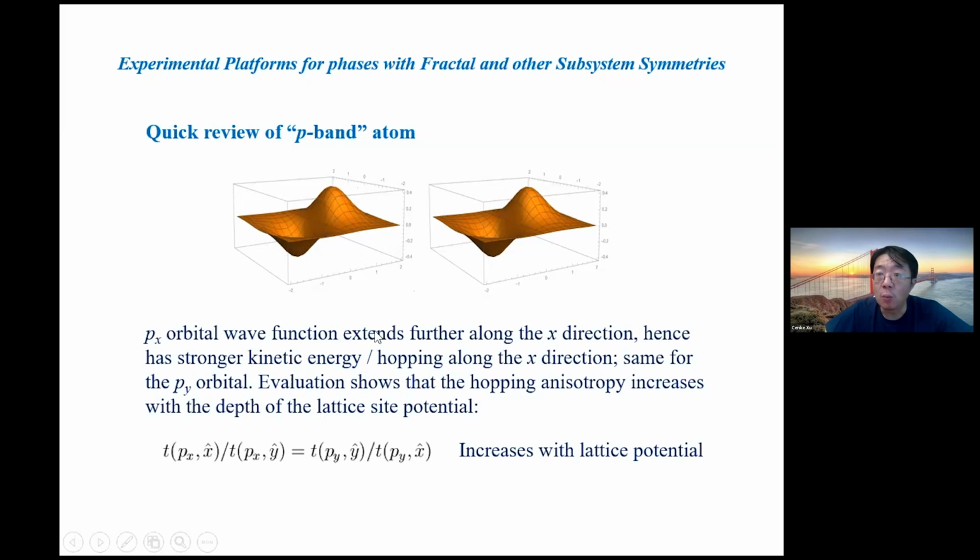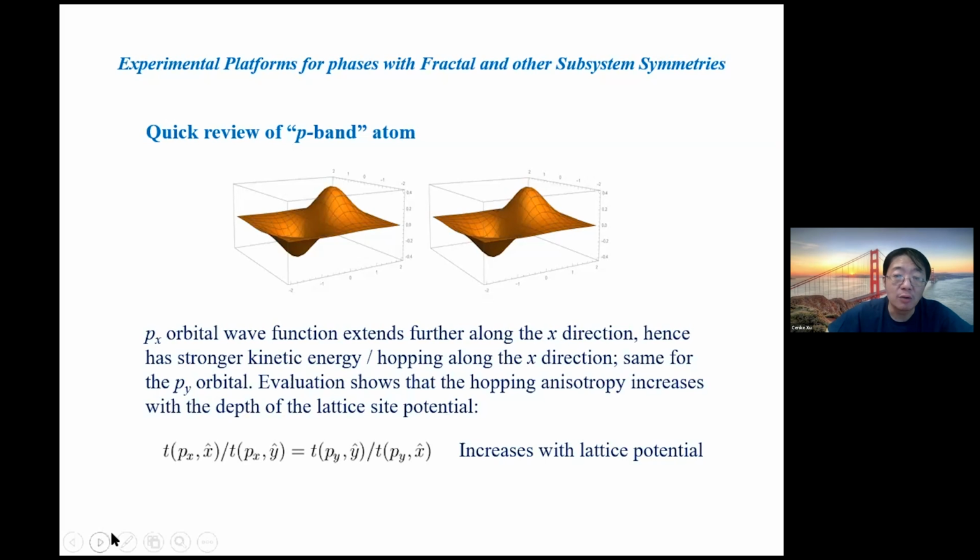One can solve some simple quantum mechanics problem and show that as the strength of the potential on every site gets stronger, the anisotropy gets stronger and stronger. The px orbital will hop much stronger along the x direction compared to the y direction.